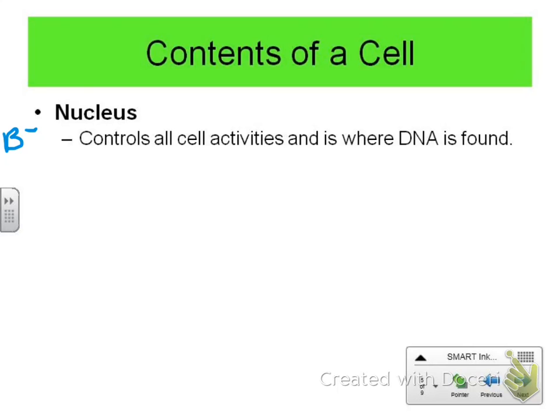Or what would represent the nucleus? Michael? The mayor. Okay, if not the mayor, what else could we put? If you're thinking school-wise, it might be the principal, or the superintendent. So it's going to be the boss of the cell.